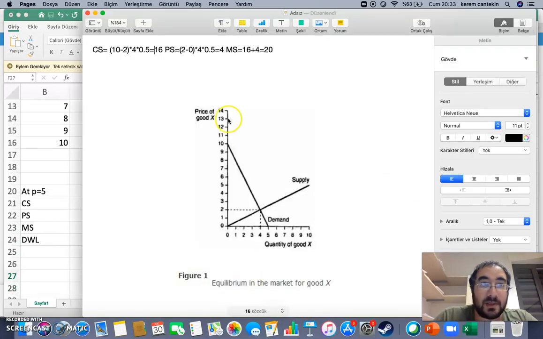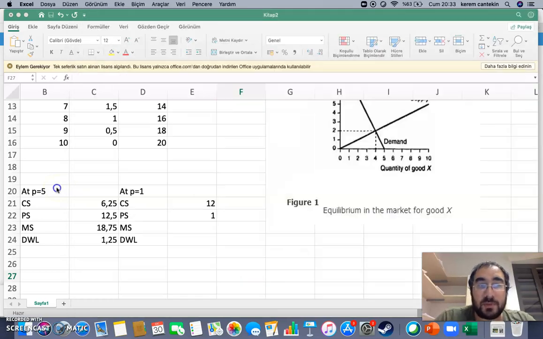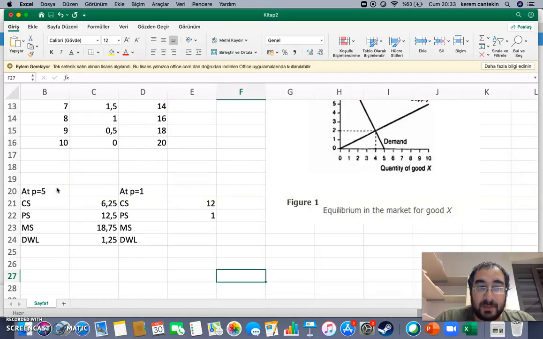Previously it was 16. It has fallen. Usually consumer surplus is the amount that could rise, but in this case it has fallen, and so we have set our price ceiling at too low a level.